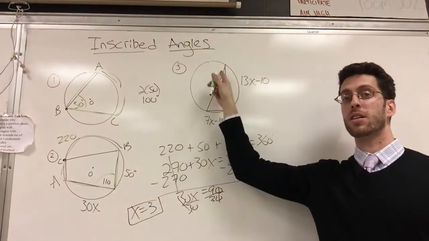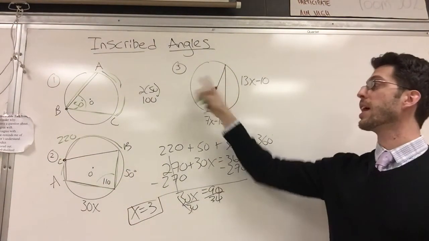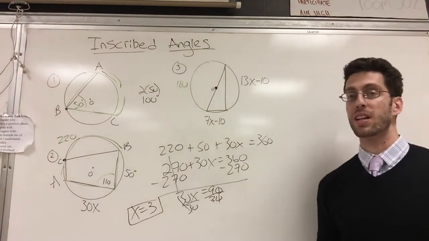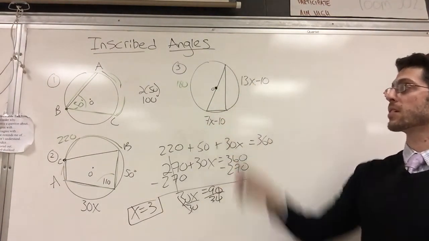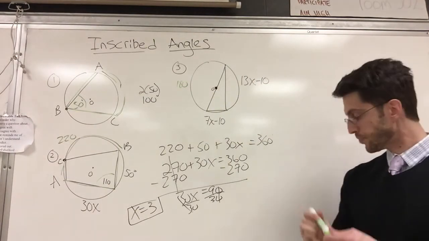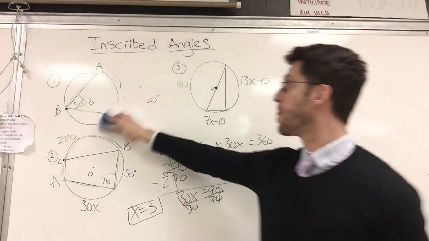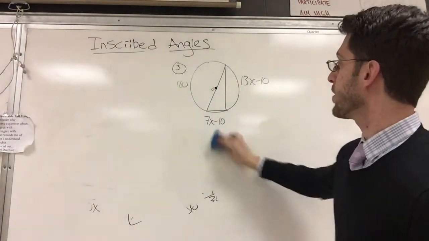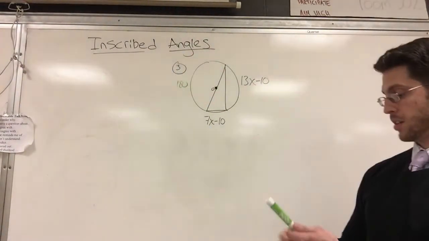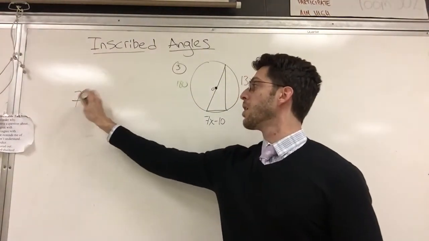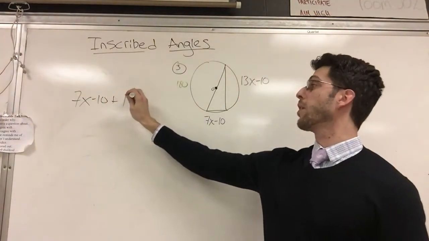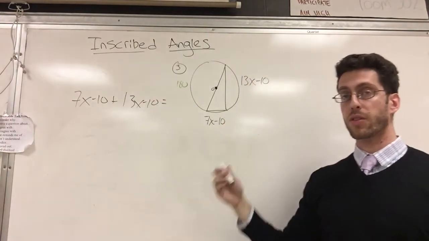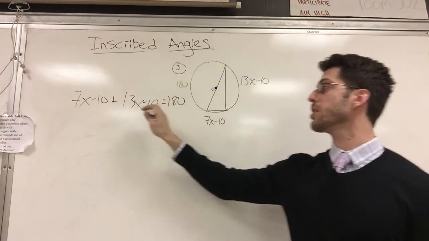I see a diameter. Diameter cuts the circle in half. That side is going to be 180. This side is going to be 180. So I just add this plus this to get 180. So, make the equation. We got 7x minus 10 plus 13x minus 10 again equals that half of the circle, the semicircle, which is 180 degrees.